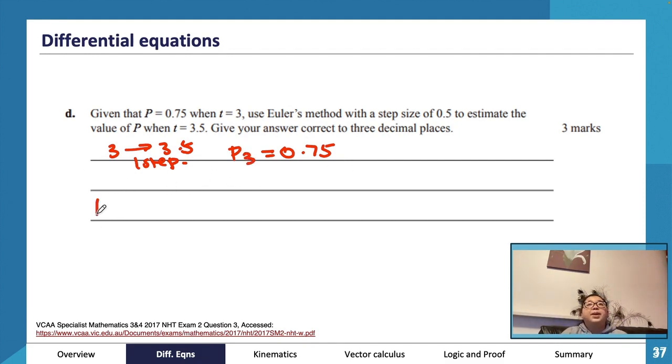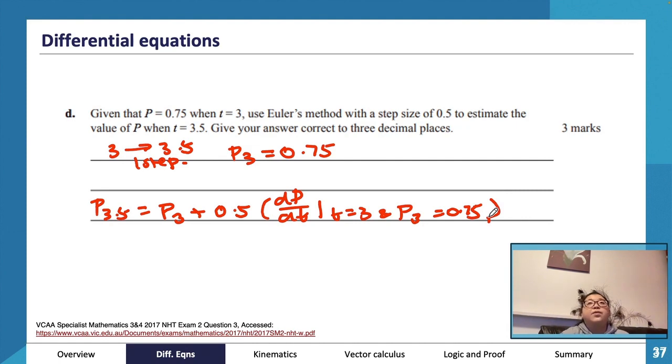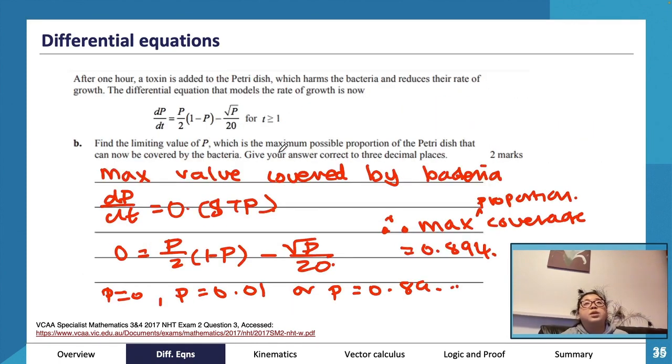So if we want p3.5, that's going to be p3 plus h, which is going to be our 0.5 here, times our, what was that function? So our dp dt at t equals 3 and p3 equals 0.75. So if we look at the equation we're going to use this one because t is bigger than 1 here.